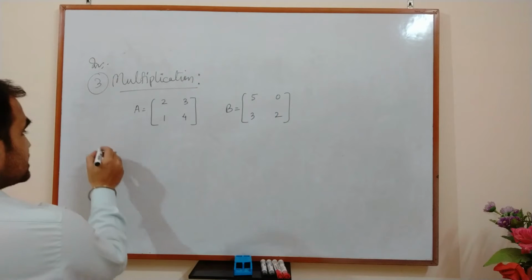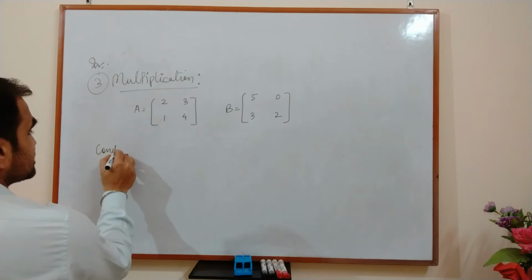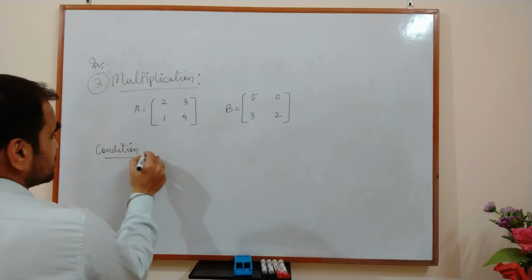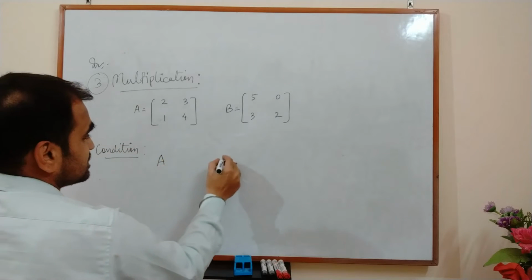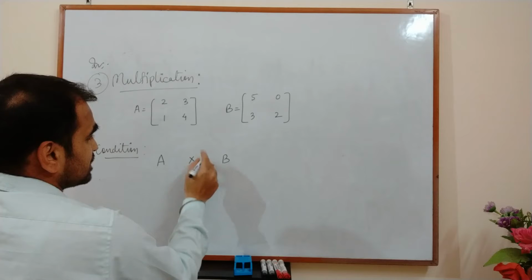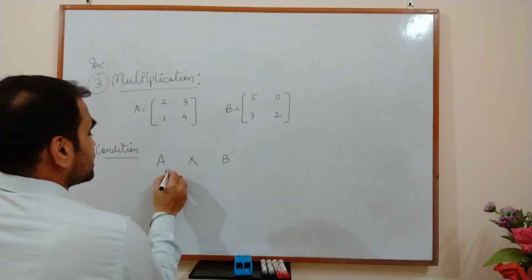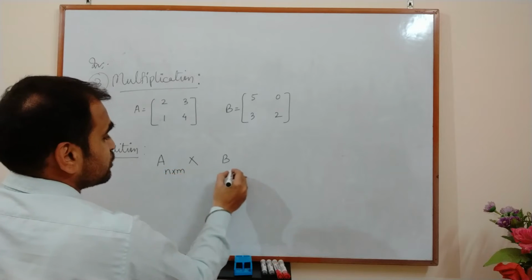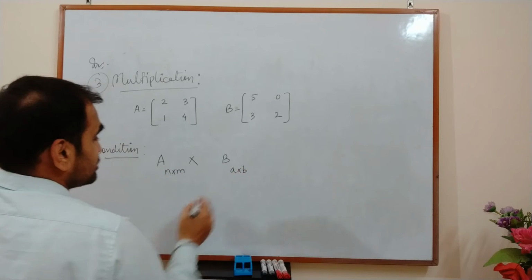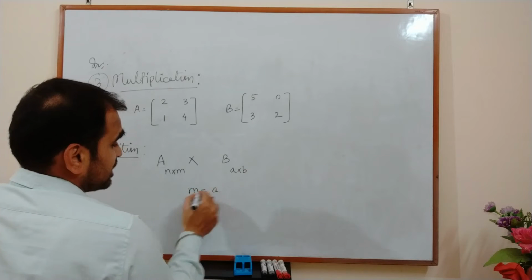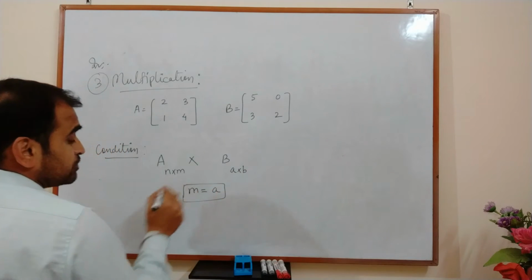Now what is the condition for matrix multiplication? This is also important. If you have a matrix A and another matrix B and you want to multiply them, suppose the first matrix has order n cross m and the second matrix has order p cross q. The condition is that m must be equal to p.